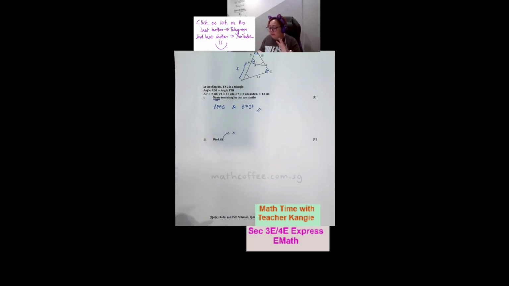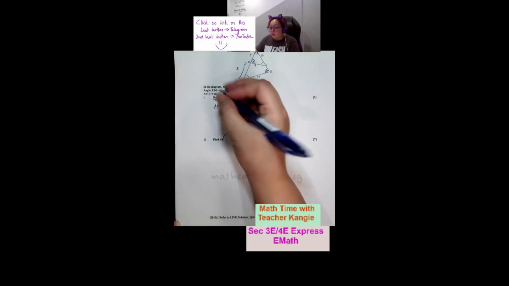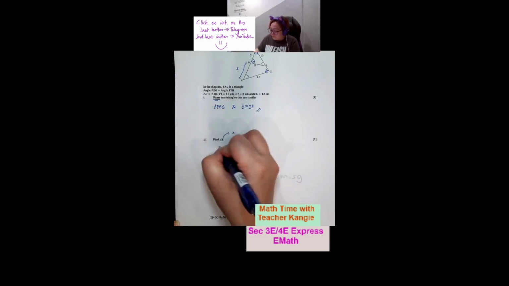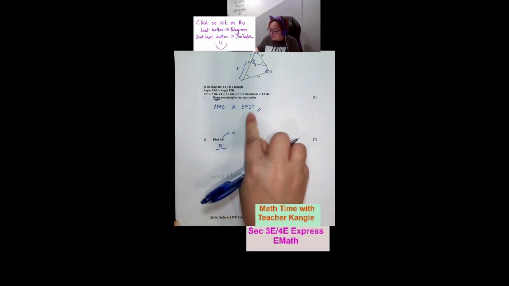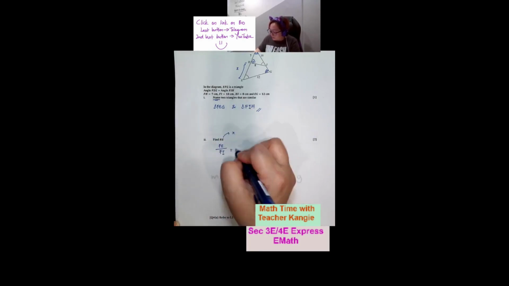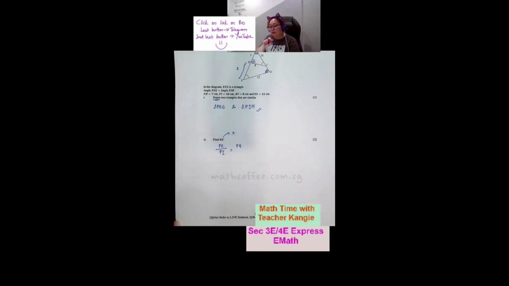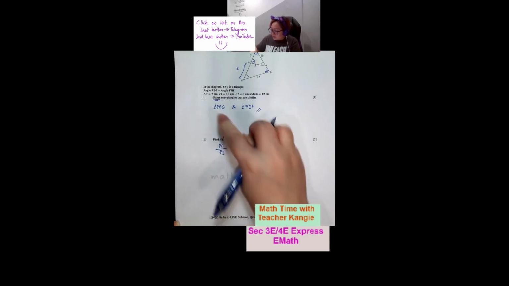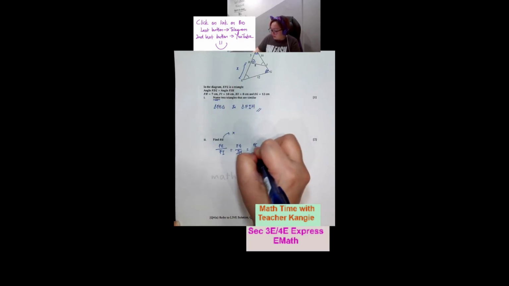Whenever I tell my students, the first thing is always write out the 3 fractions. You have to make sure the alphabet order is correct first. So FE over FI is equal to EG over IH. I always do it very systematically. First letter, second letter, first letter, second letter, second and third, second and third, and then first and third, and first and third.